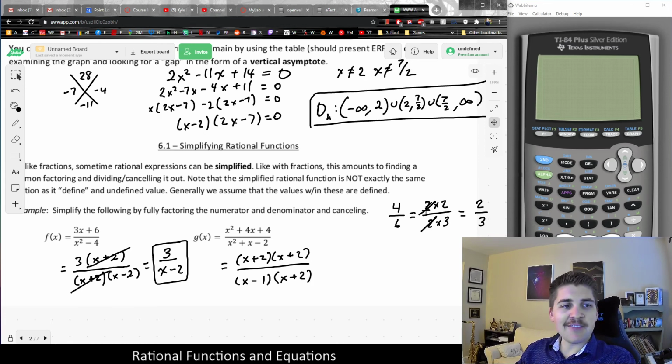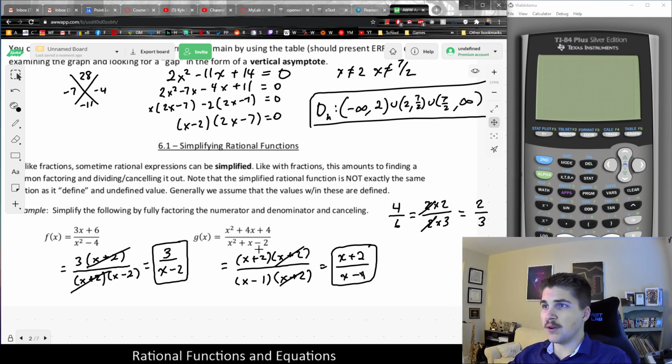But again, I'd advise, if you're not really sure, be very careful, because if you make any errors with your factoring, of course, it will screw up your simplification. But here I can see, once again, x plus 2 is a common factor. This would leave me with x plus 2 over x minus 1. Again, 1 is not within the domain, but neither is negative 2, due to the original denominator.